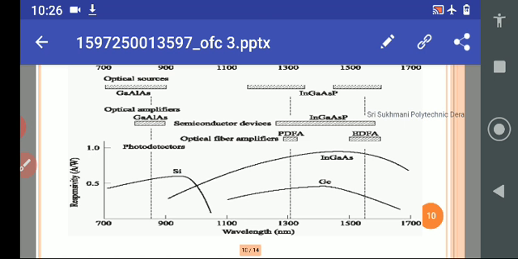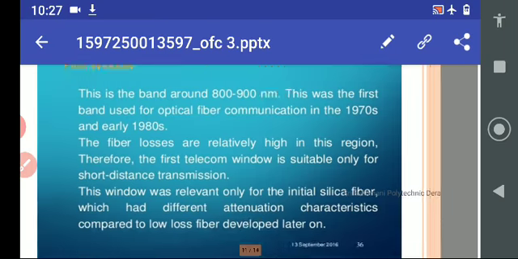As is clearly shown, the photodetectors which sense the light operate to their best at the centralized wavelengths of 850 nanometers, 1330 and 1550 nanometers.